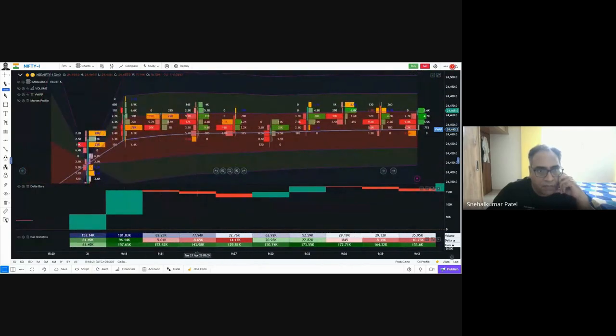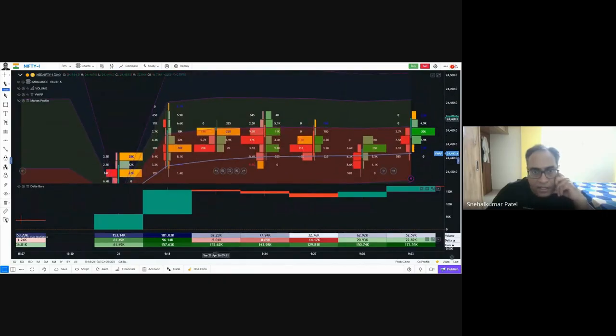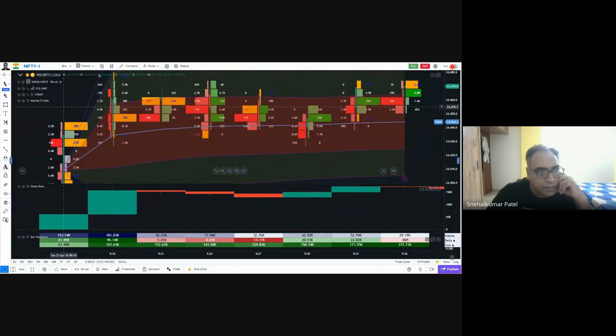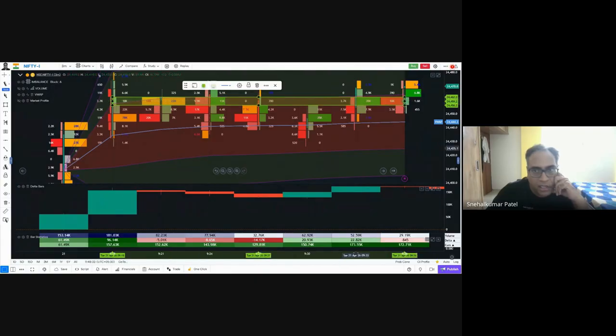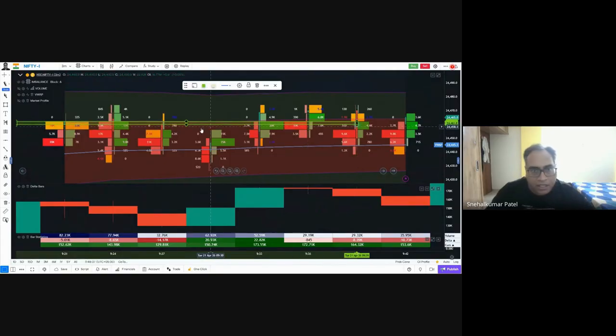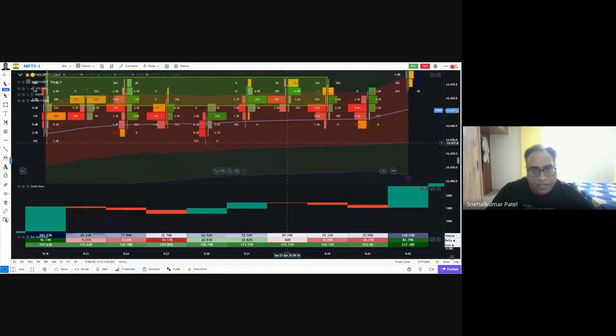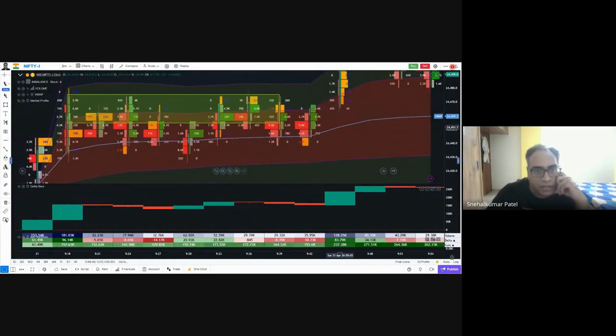So if we look at this area, we see the selling and buying significantly more at this particular zone. If we see the number of buyers and sellers in each candle, there is a significant difference between them.